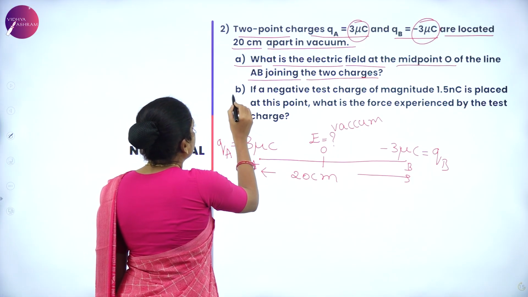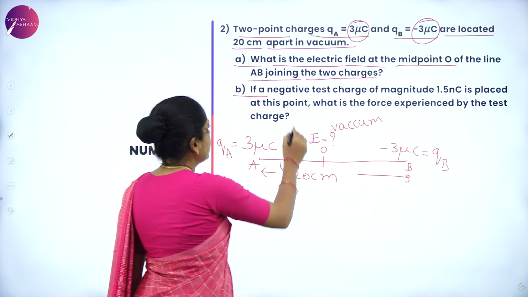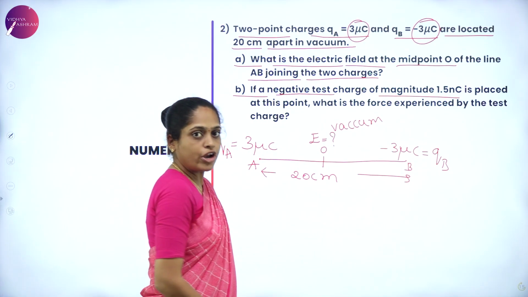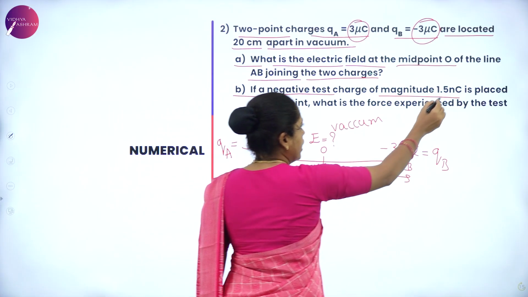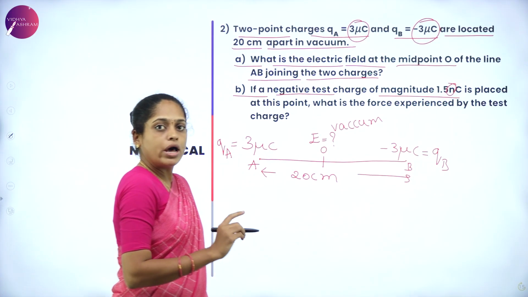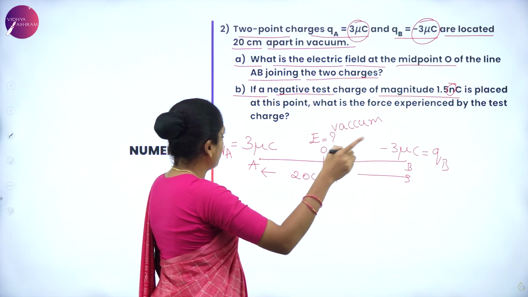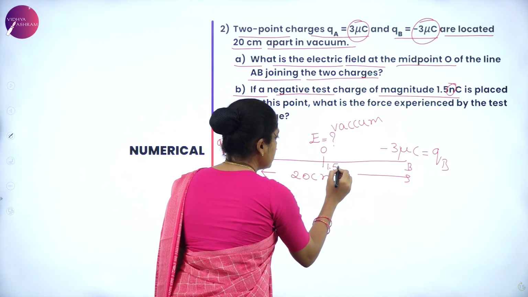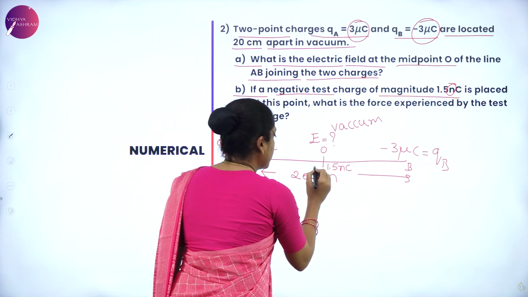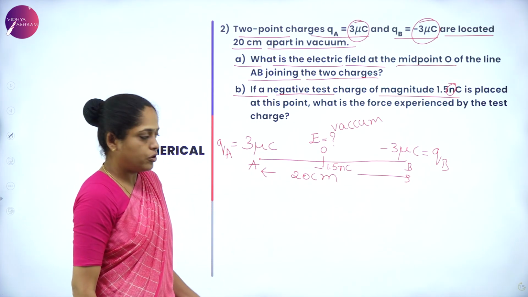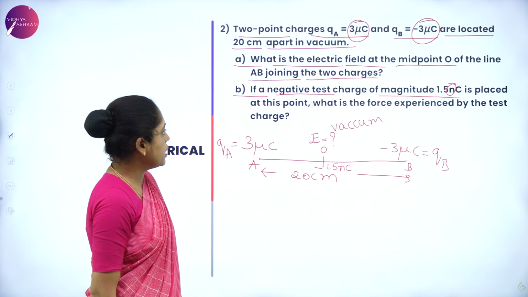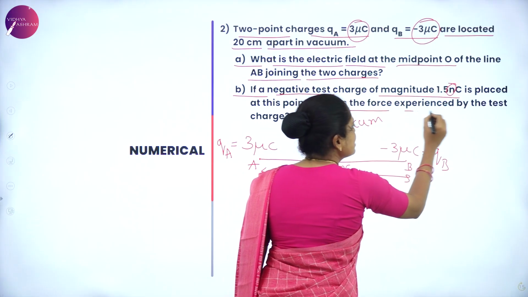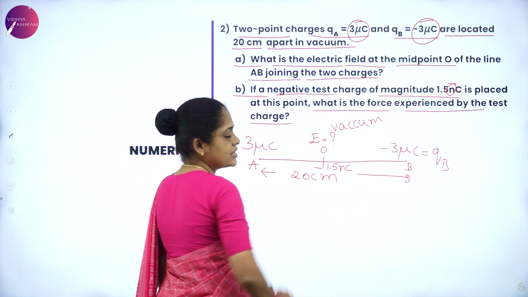The next sub question is, if a negative test charge whose magnitude is 1.5 nanocoulomb, here the n represents nano, is placed at midpoint, then what is the force experienced by that test charge?